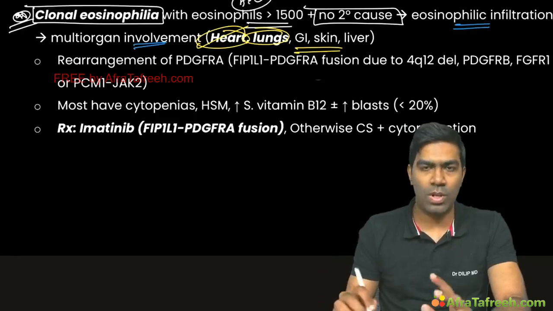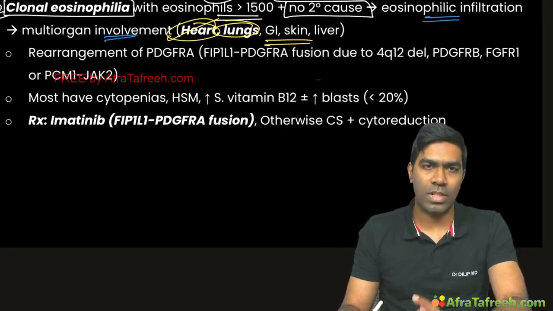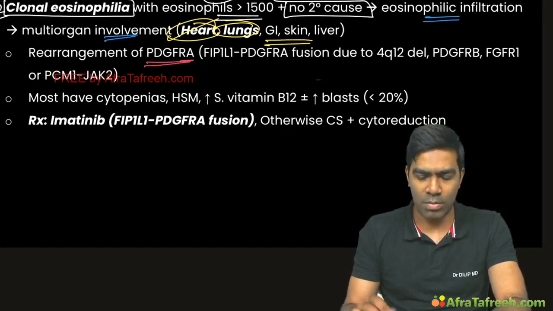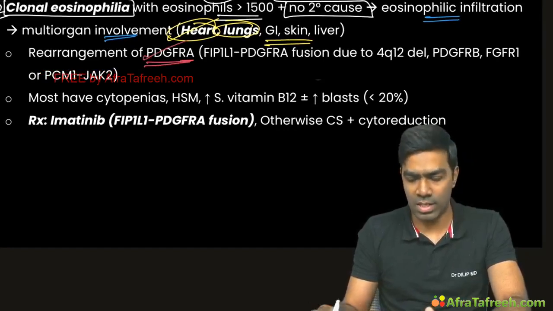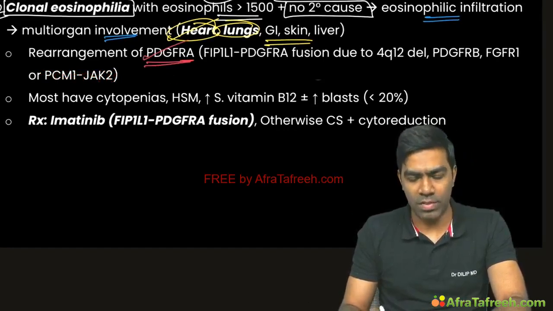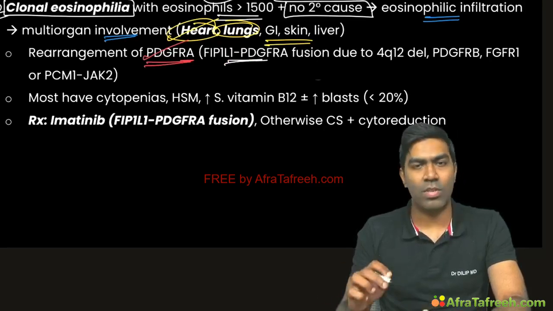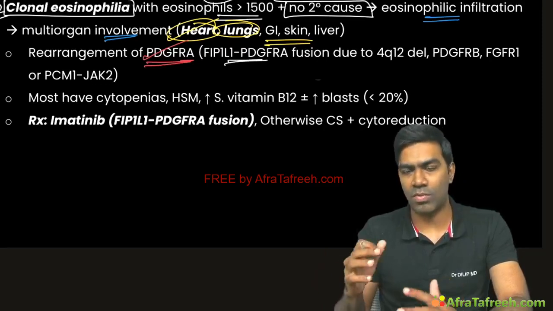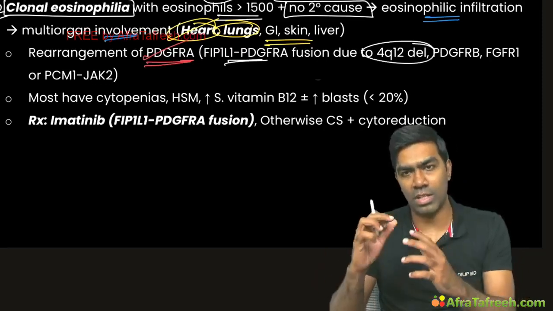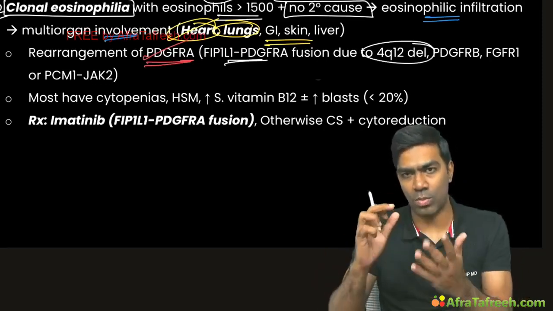And the usual genetic problem that's associated with this condition is abnormalities in the PDGFRA gene. So PDGF receptor alpha is going to get rearranged with FIP1L1 because of a deletion of a region called 4q12 in chromosome 4.